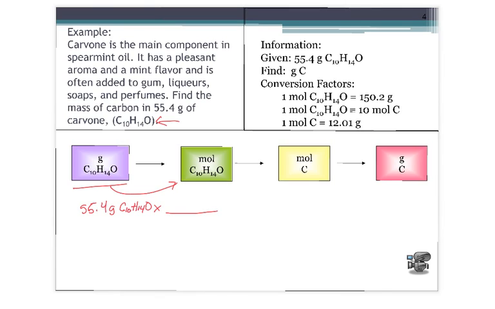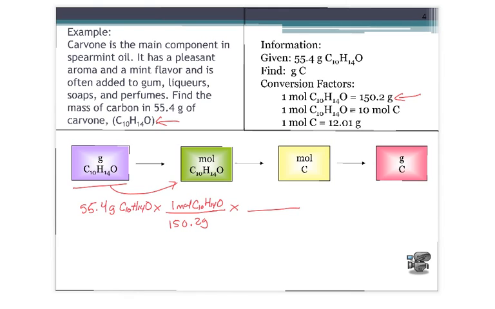And then we want to go to moles of Carvone. So we look up, and I gave you here the formula mass, which is 150.2 grams per 1 mole of C10H14O.